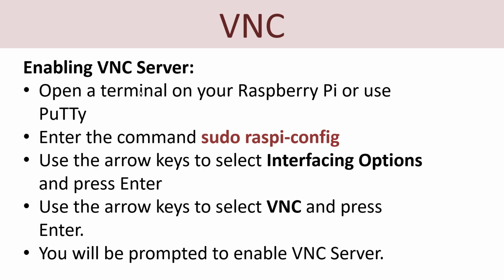But in our case, we will remotely do it using this PuTTy software. So then we just open PuTTy and then type the following command, sudo raspi-config, and then we will just follow the information on the screen in order to enable VNC on the Raspberry Pi.